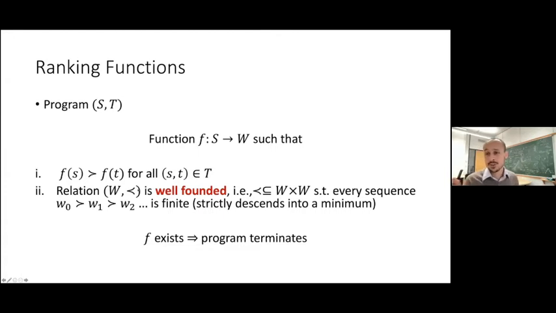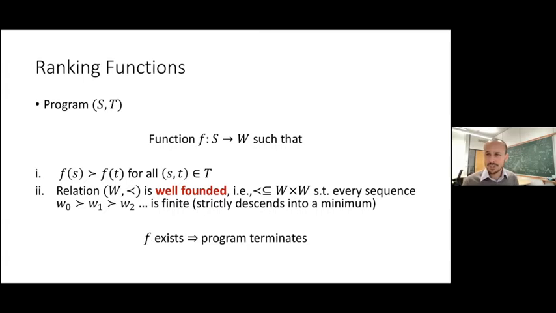This means that all descending sequences over this other object are finite. So there is this strictly decreasing, because think about it as an order, we are strictly decreasing, and we have a minimum. That's normally how it's shown.